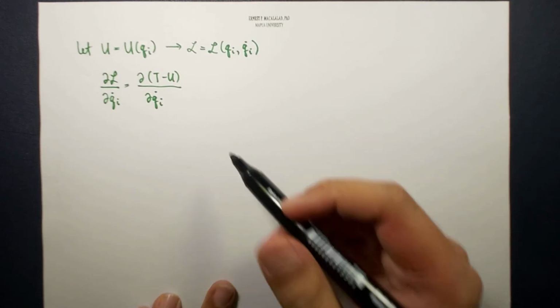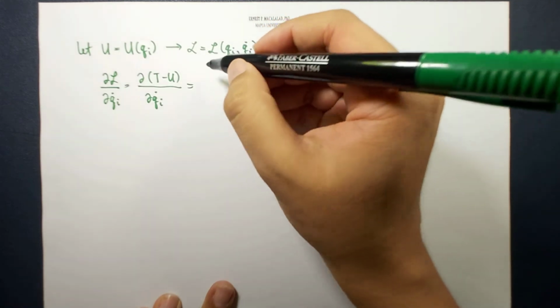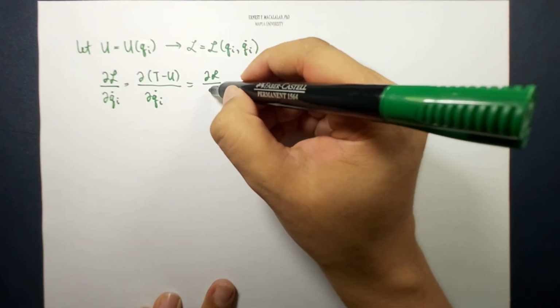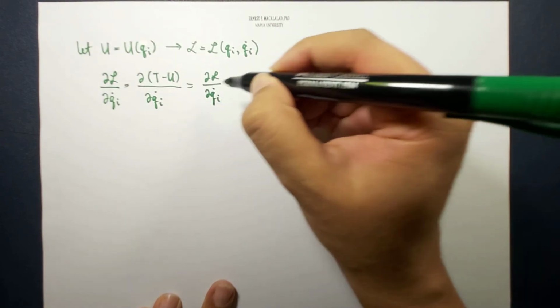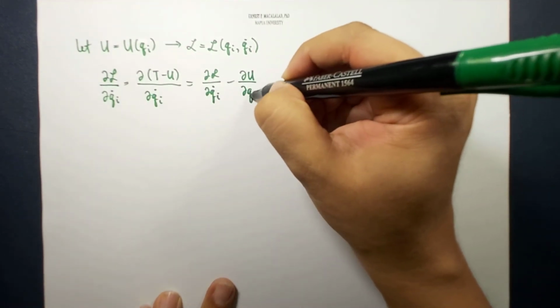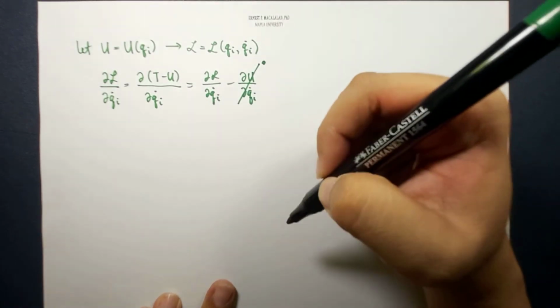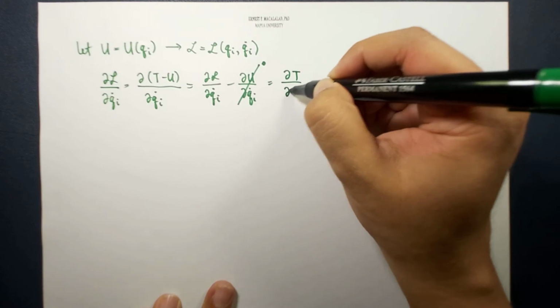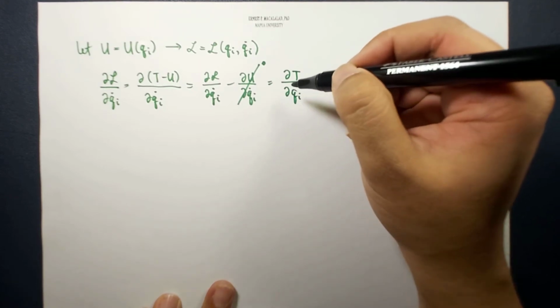So if we're going to do that, this is equal to the partial derivative of L with respect to qi dot minus the partial derivative of U with respect to qi dot, which is 0, which is equal to the partial derivative of T with respect to qi dot.